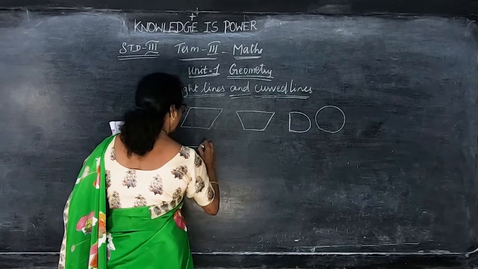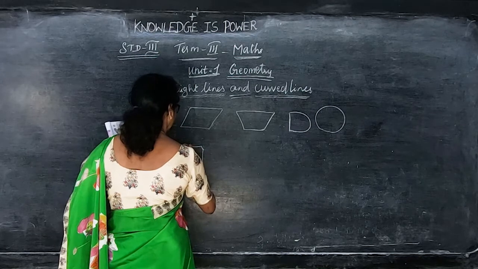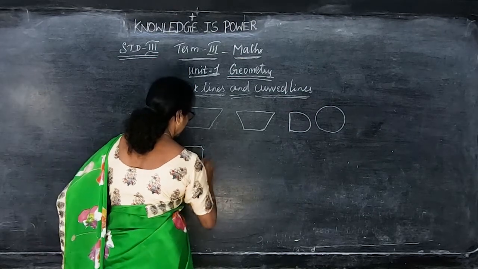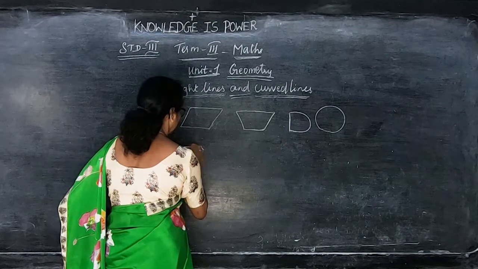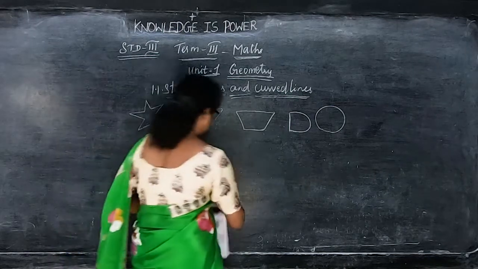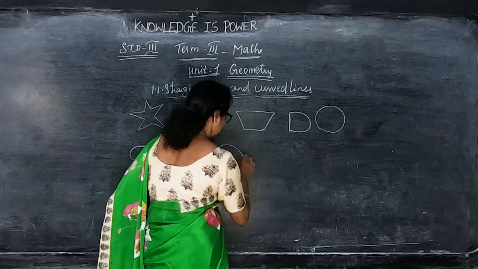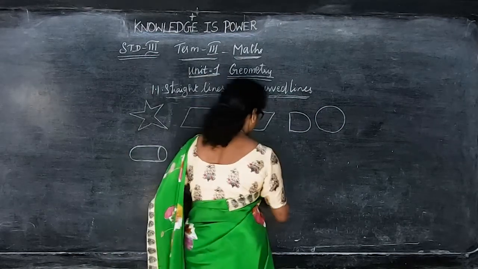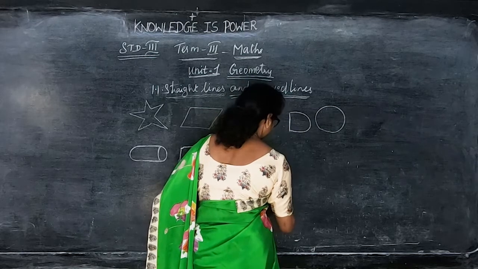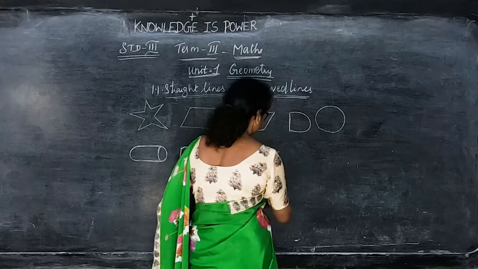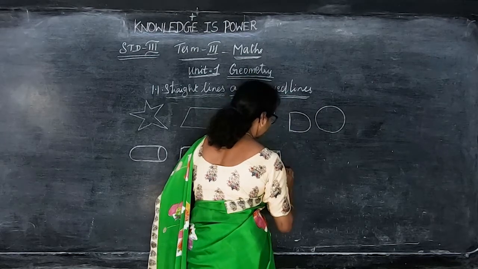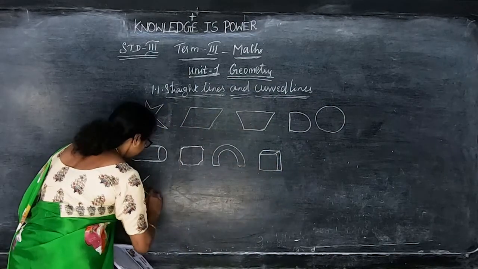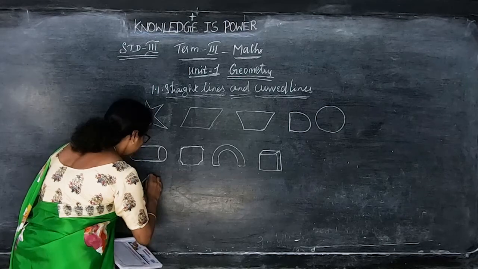So this is all in your book only. And this circle, semicircle. So like this they are given the pictures.